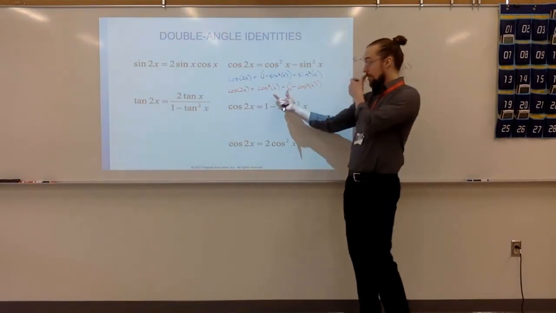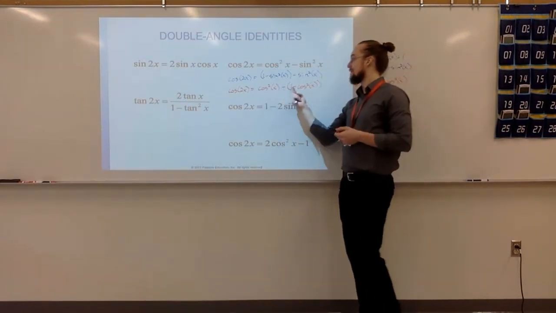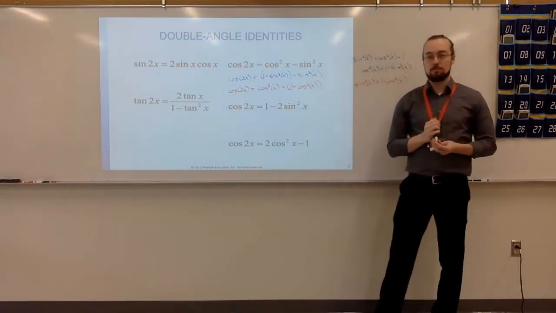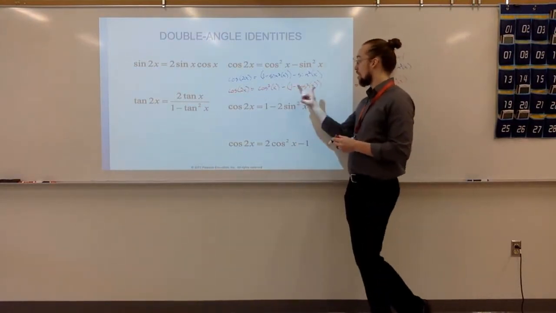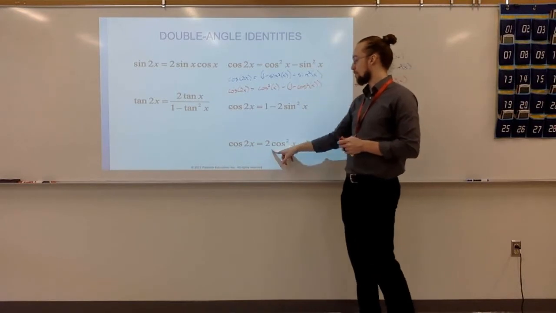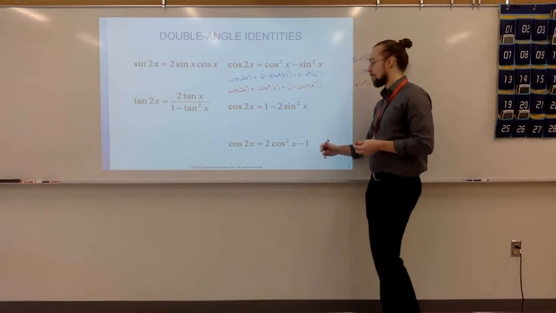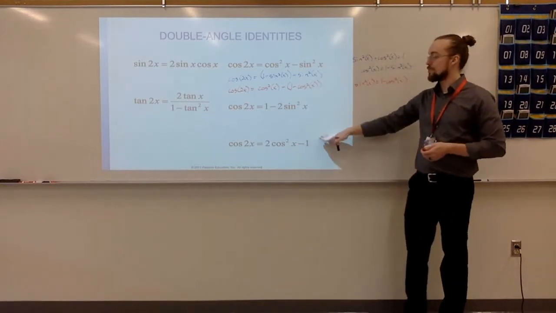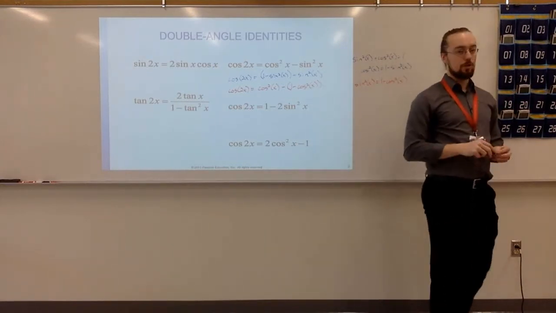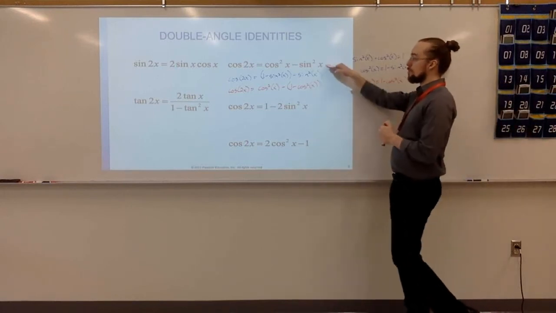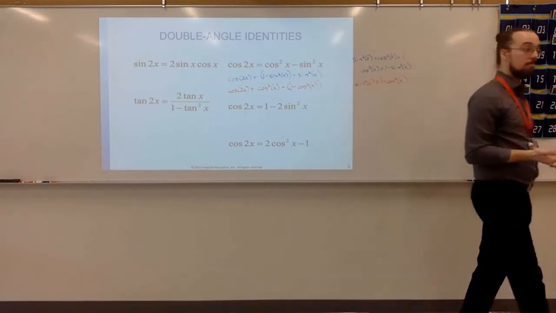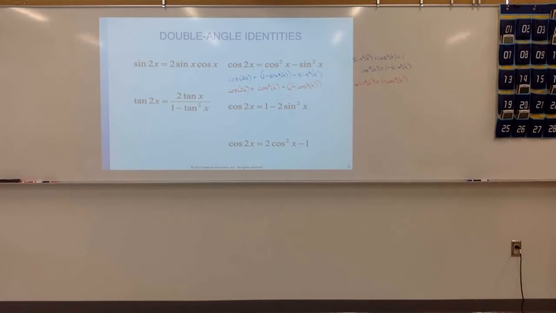So we end up with cosine squared minus negative cosine squared, so that would be cosine squared plus cosine squared. That's where we get the 2 cosine squared, and then minus 1. So both of these forms of the double angle formula for cosine are just manipulations of this original one using Pythagorean identities. Okay.